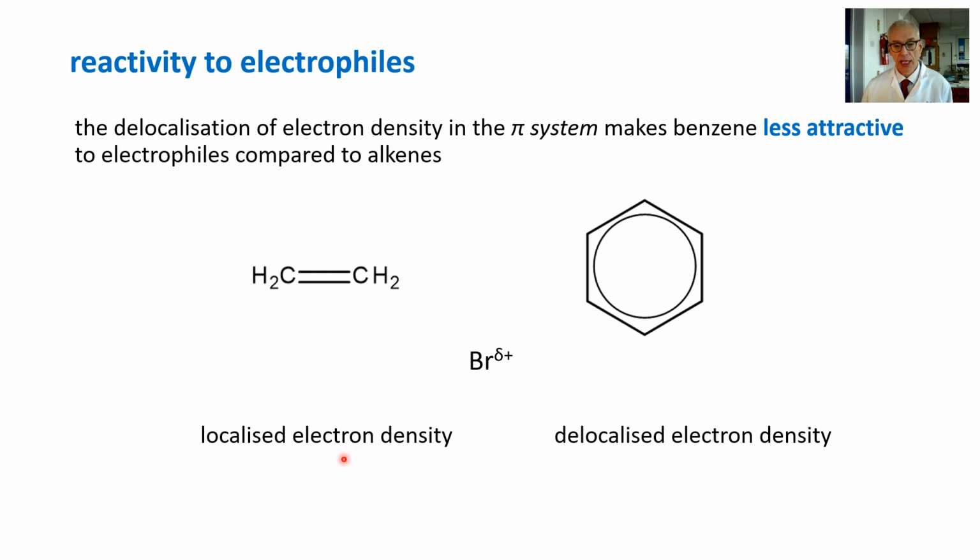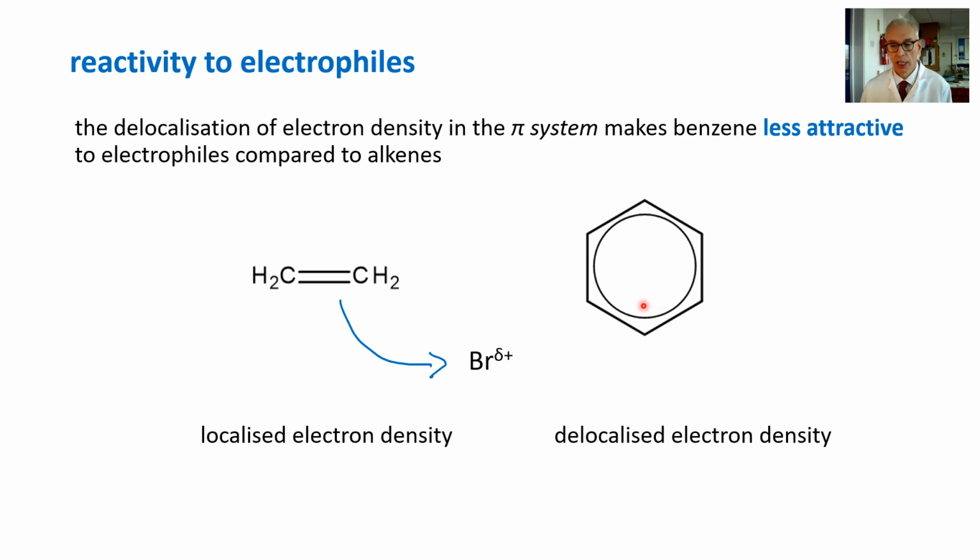So we would say that the alkene has a localized electron density, and that is much more likely to find its way and be attractive to an electrophile, such as a positively polarized bromine atom.